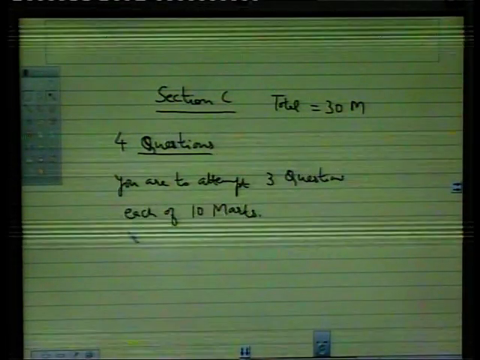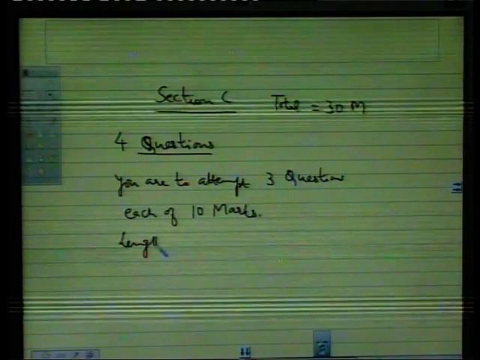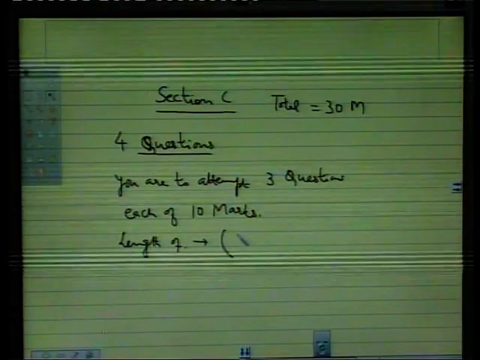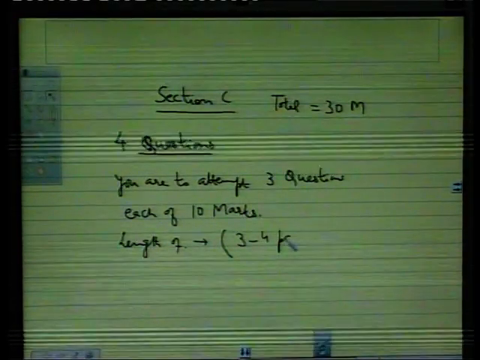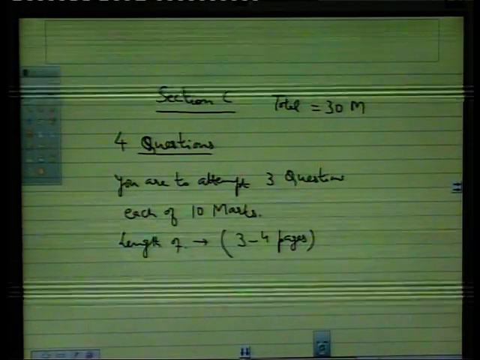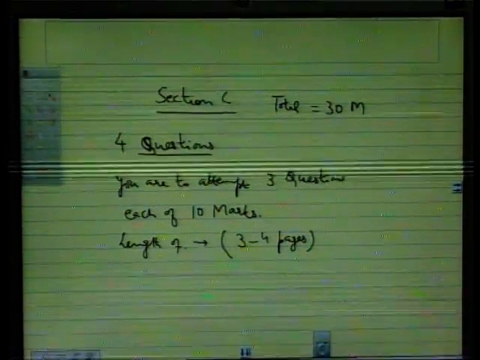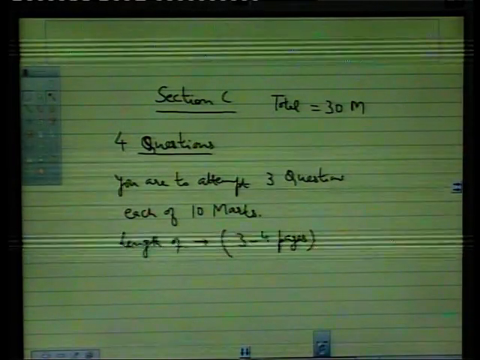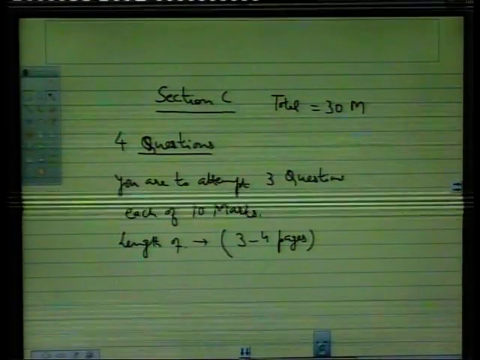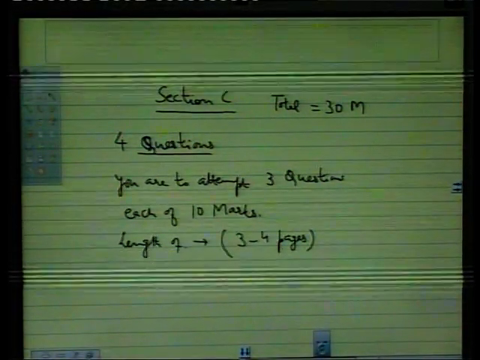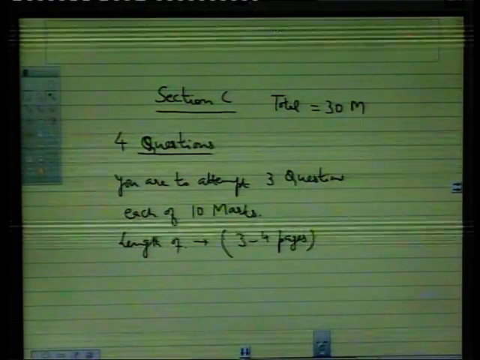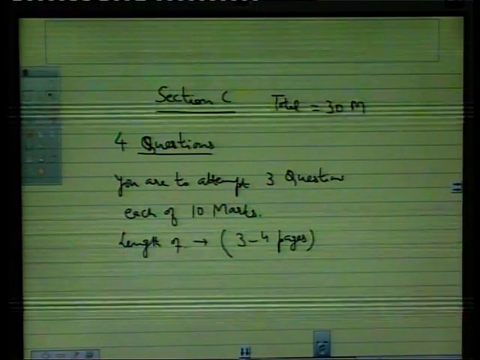The length of the answer is 3 to 4 pages of your answer sheet. These are the long answer type questions. Each question is of 10 marks and you must complete the answer in 3 or 4 pages. So, this section C is of total 30 marks. Out of the 4 questions, you are to attempt 3 questions.